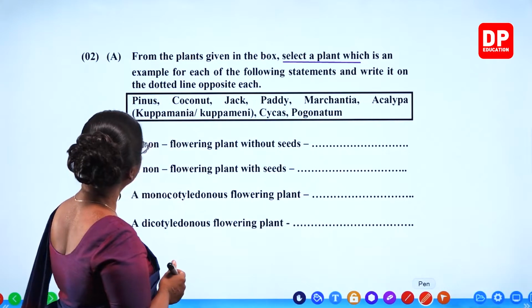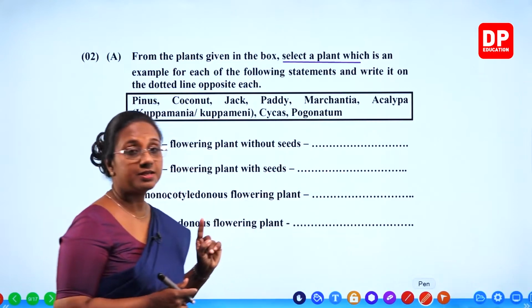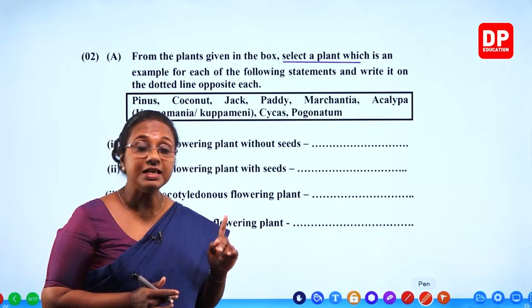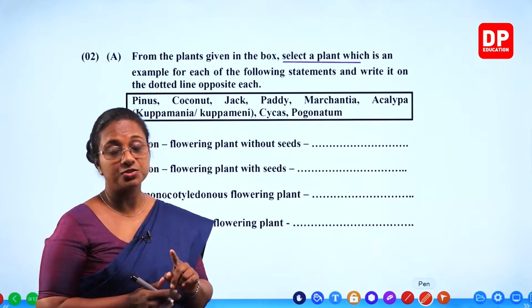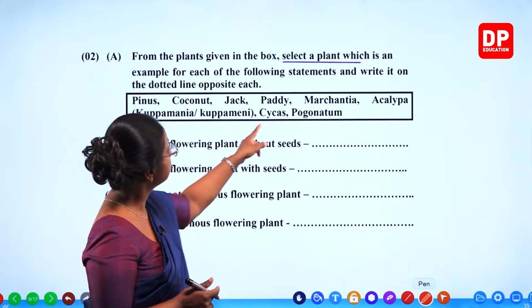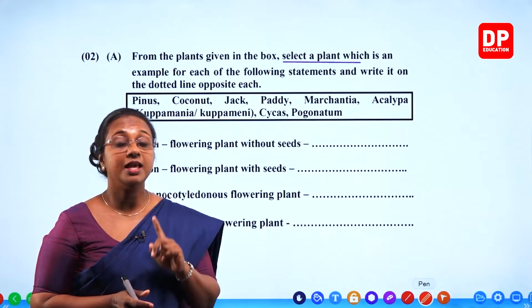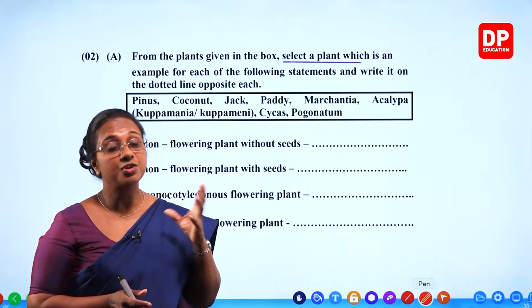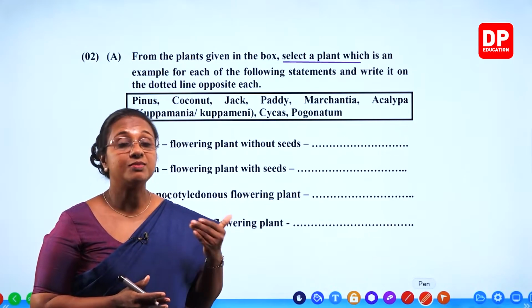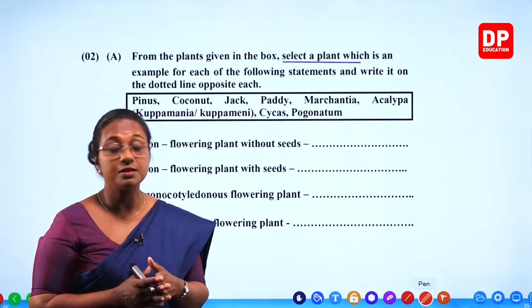If you look at all these, you can see marchantia and pogonatum, they come under seedless non-flowering plants, or non-flowering plants without seeds. Then pinus and cycas, they have seeds, they are non-flowering, but the seed is not covered by a fruit. That's why we call them naked seeded plants, that is gymnosperms.